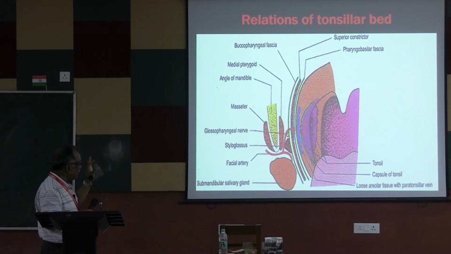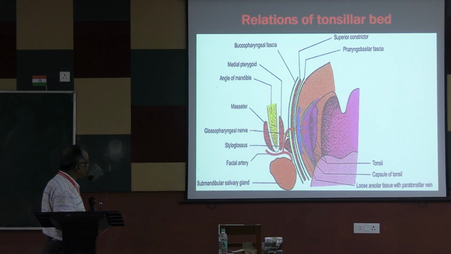This is a very important anatomy. You see, this is the tonsil, this is the capsule of the tonsil, the green one, and this is the paratonsillar vein, just lying on the bed.